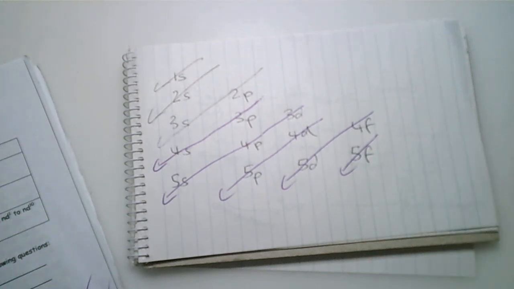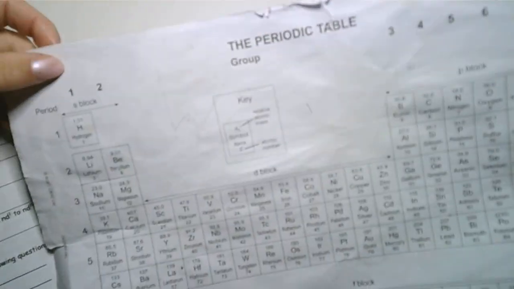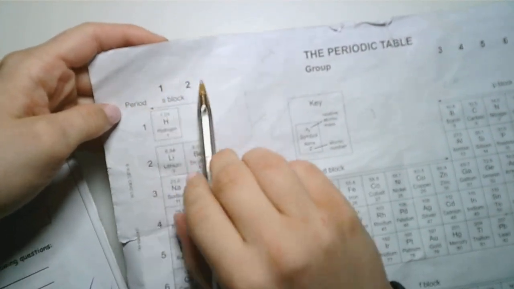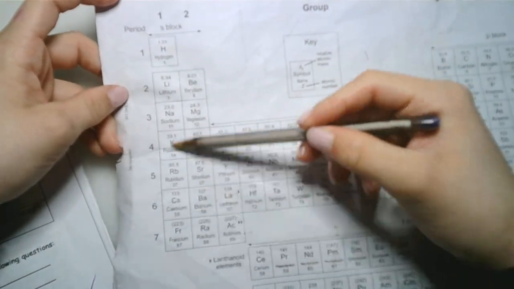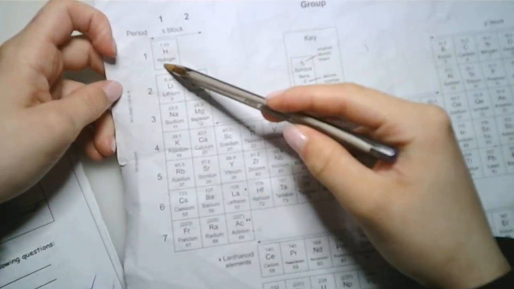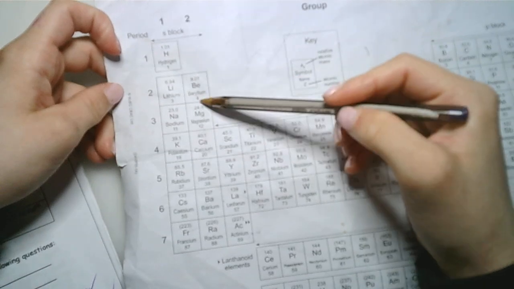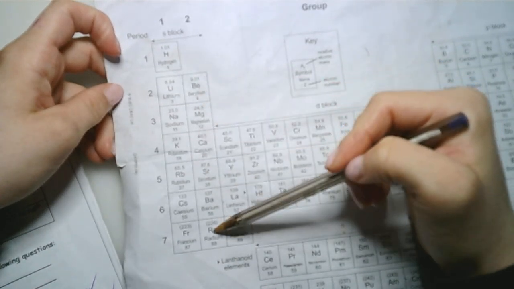So the s block contains elements in groups 1 and 2 whose electronic configuration ends in something s1 or something s2 respectively. That is why this is called the s block, because all these elements, their electronic configuration, these ones end in s1 and these ones end in s2.